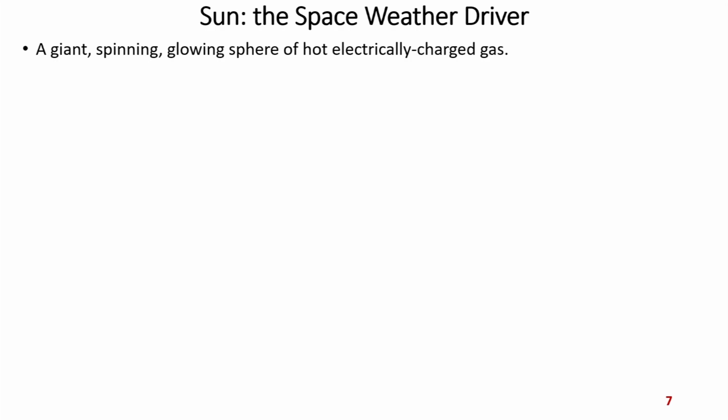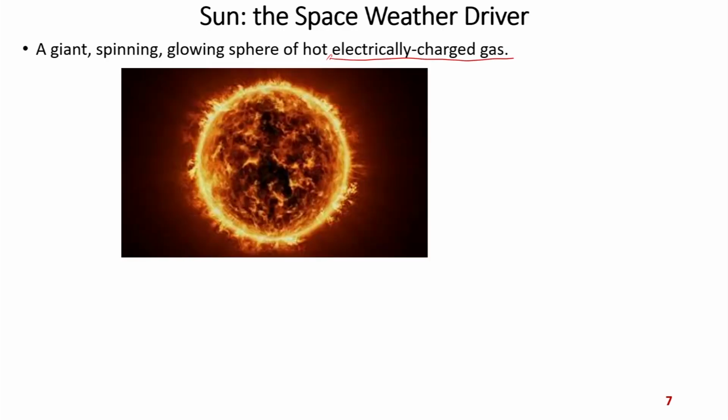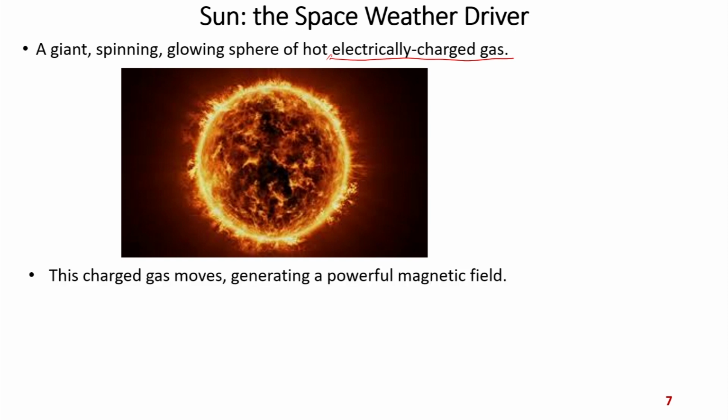Since it is a star, it is a giant spinning glowing sphere of hot electrically charged gas. This is an important word, it is gaseous. You can see this picture, it is not solid and rocky, and it consists of only charged gas or gas particles as well as the magnetic field and very high energetic radiation.